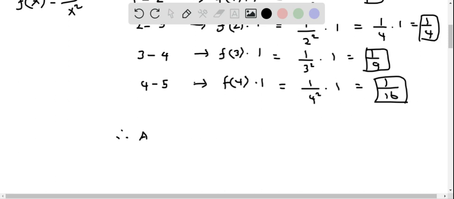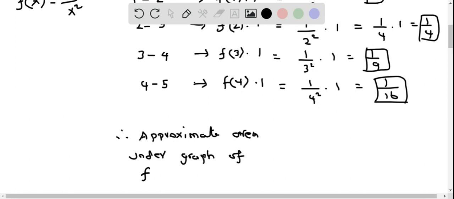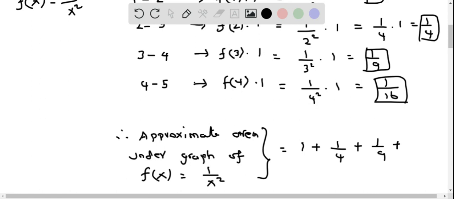So the approximate area under the graph of f of x equals 1 by x squared equals 1 plus 1 by 4 plus 1 by 9 plus 1 by 16, and adding them together and approximating, we get approximately 1.4236.